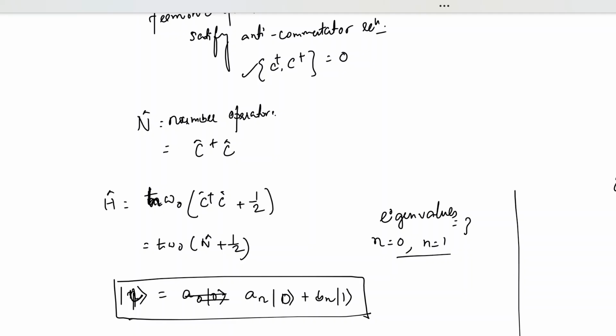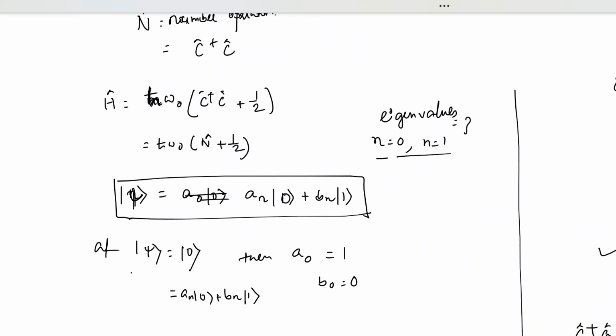Now when you deal with only the state n equal to 0, that is when you are at the n equal to 0 state, then you have a0 equal to 1, because the whole state is actually only 0 and no linear combination of the one state should be there, and b0 equal to 0.